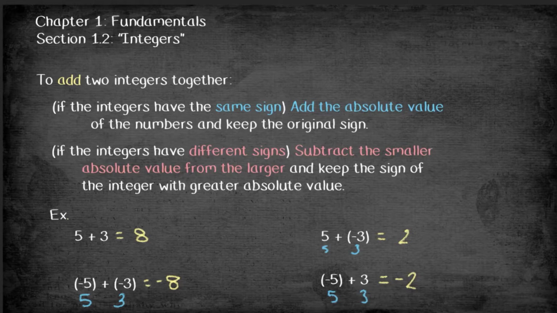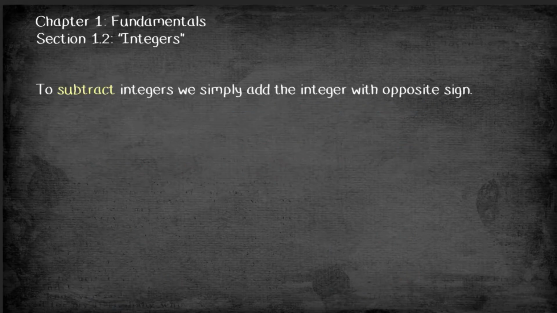Once you know how to do addition with integers, subtraction is super simple. To subtract two integers, we simply add the integer with the opposite sign. So for example, we have 5 minus 8 here.